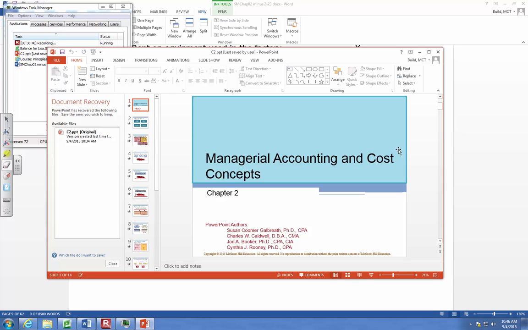It doesn't start at 0. So what is this? That's the fixed component, isn't it? Very good, Gretchen. This is the fixed cost line, the fixed cost component of the mixed cost.